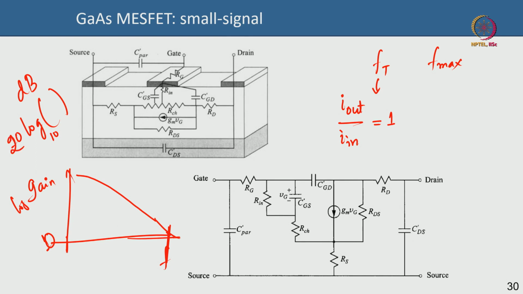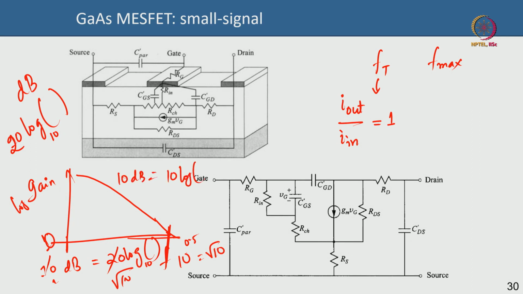So, if I say a current gain of 10 dB, that means 20 log of the gain is 10, so log of the gain is 0.5. So, 10 to the power 0.5, or square root of 10, is your actual current gain. Okay. If it is a power gain, if you say the power gain is 10 dB, that means 10 log of the power gain is 10. So, power gain, okay, is 10 to the power 1, which is 10.